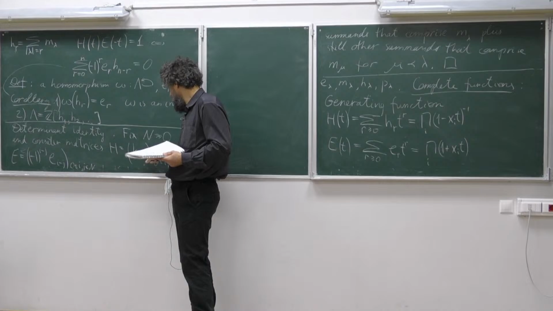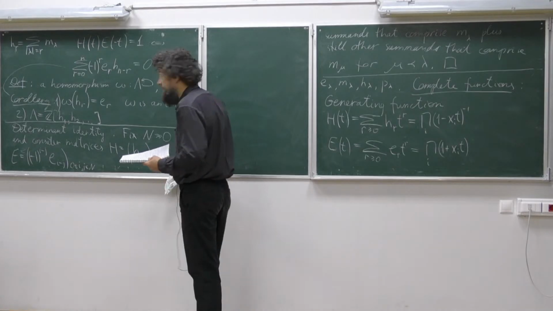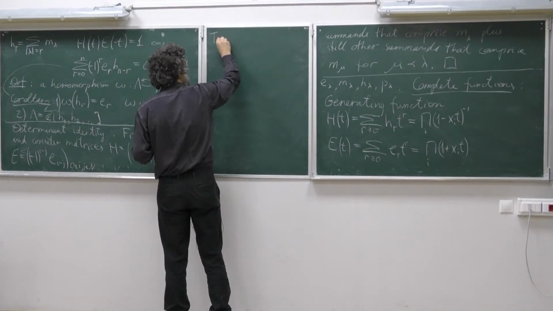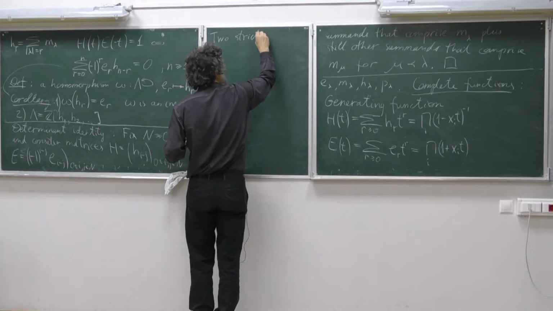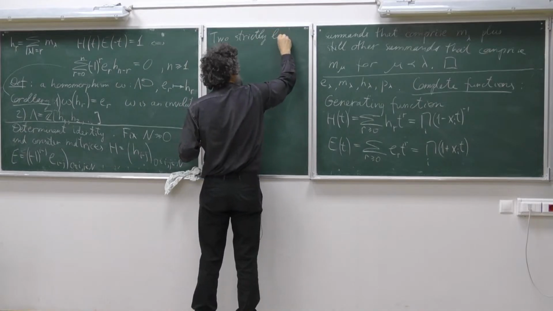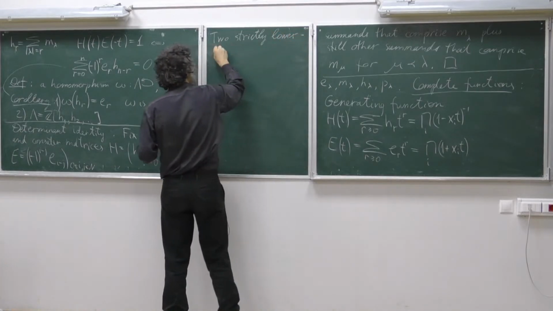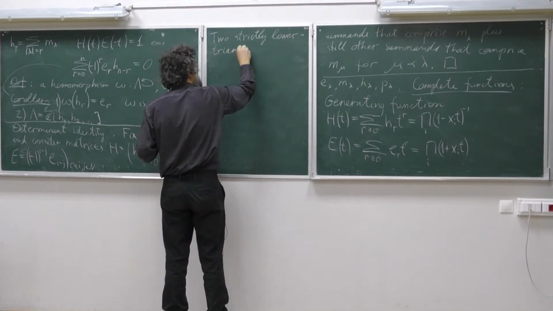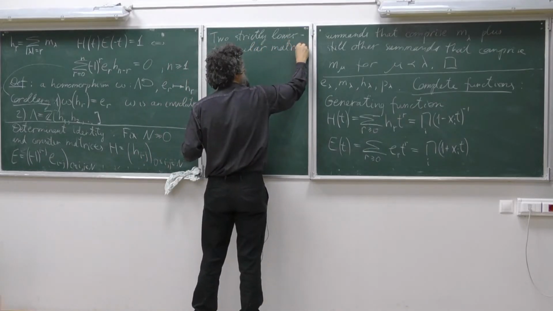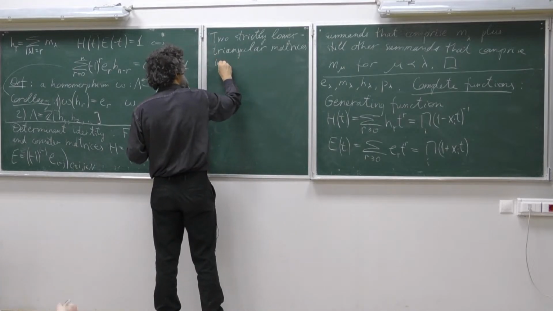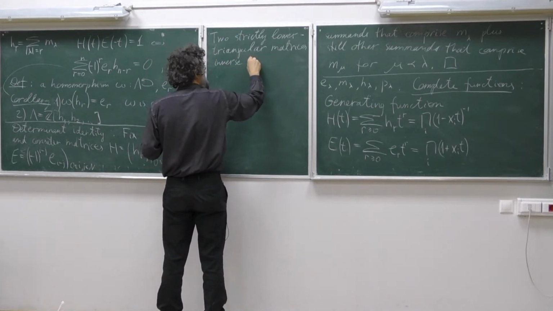And if i minus j is negative, we get 0. So two lower triangular matrices are inverse to each other.